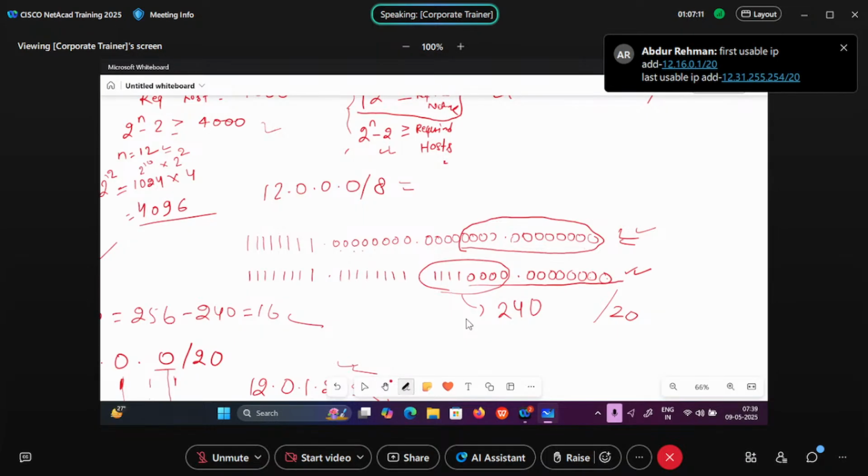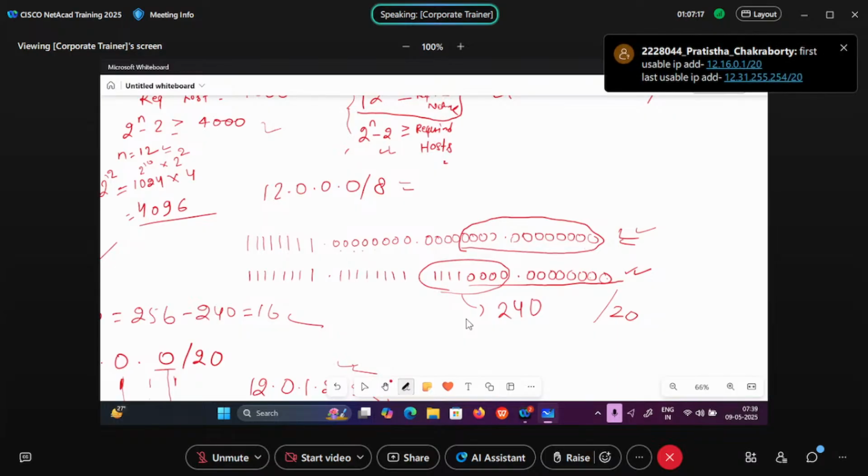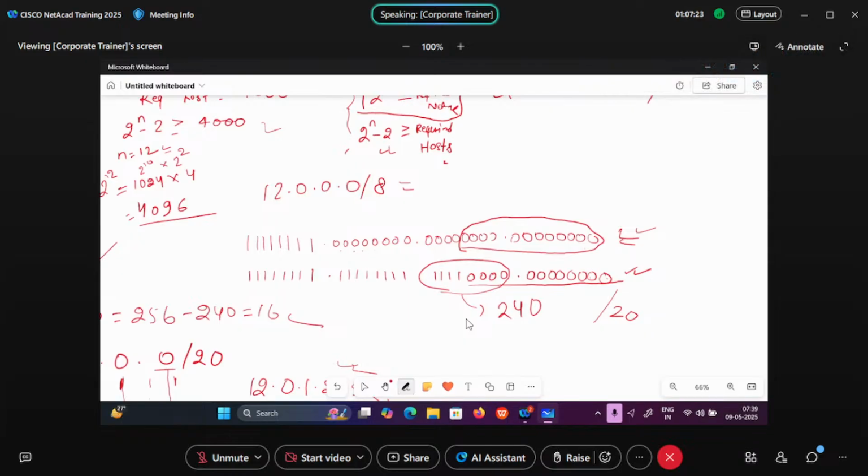The remaining bits you have to make 1. How many bits? The first octet was already all 1s, the second octet you make all 1s, and in the third octet 4 bits are 0, so the remaining 4 bits will be 1. Now see in which octet the value has changed, not a fixed value. Wherever you find a mix of 0s and 1s, that is the changed value.